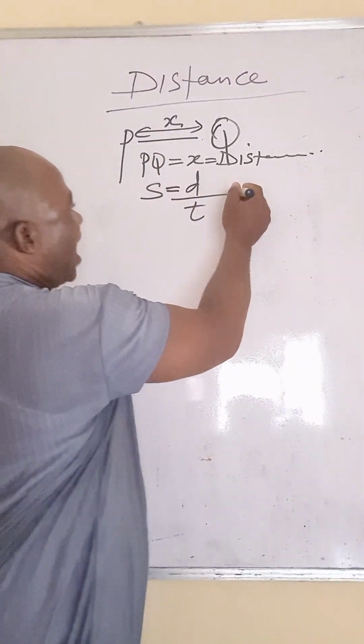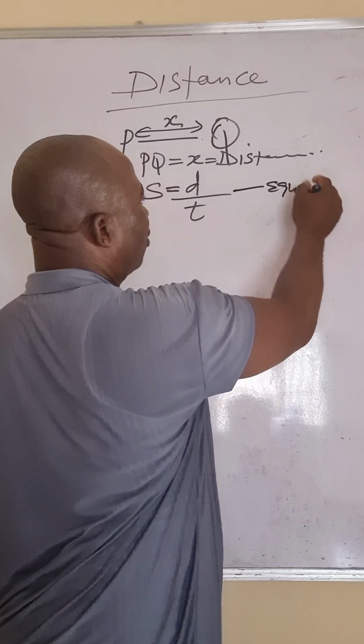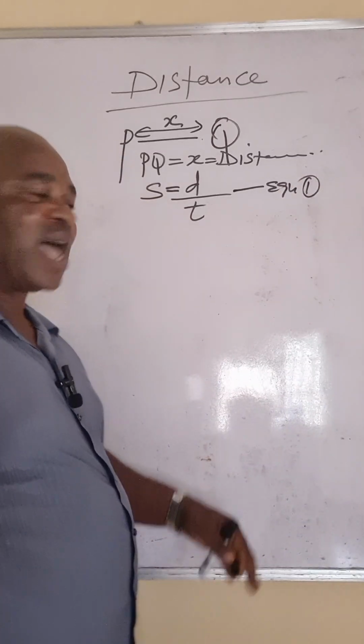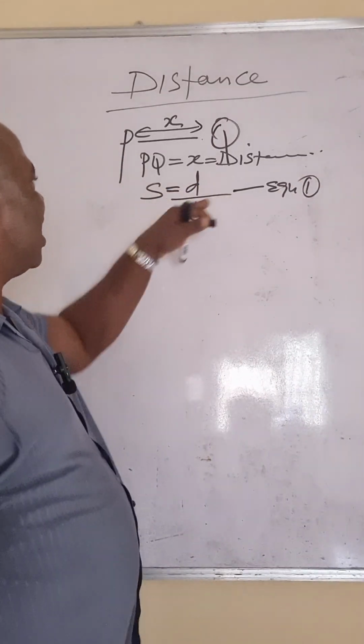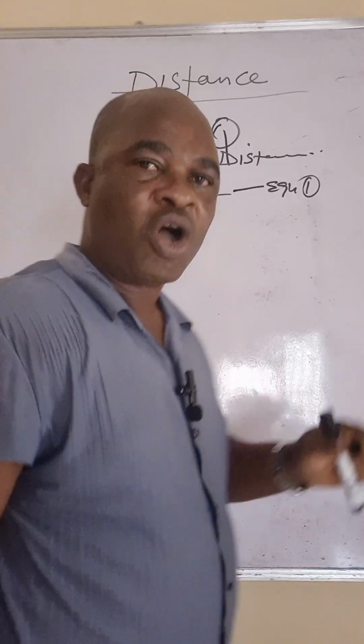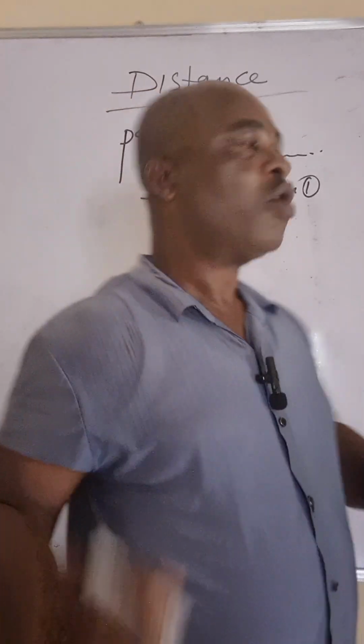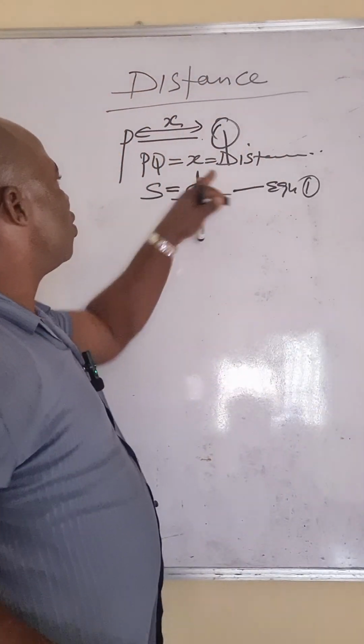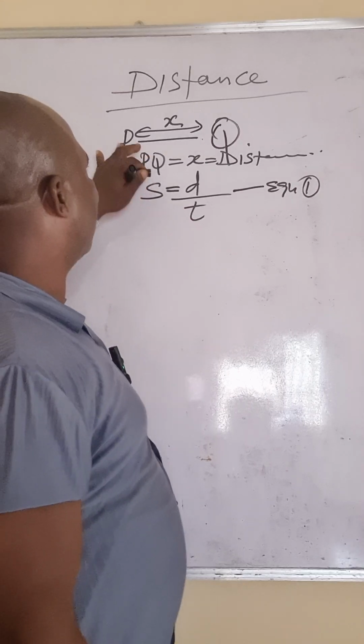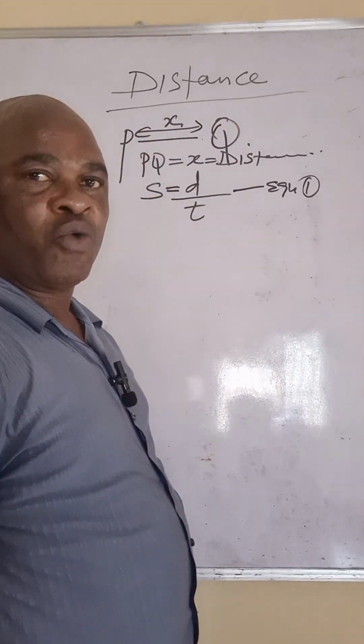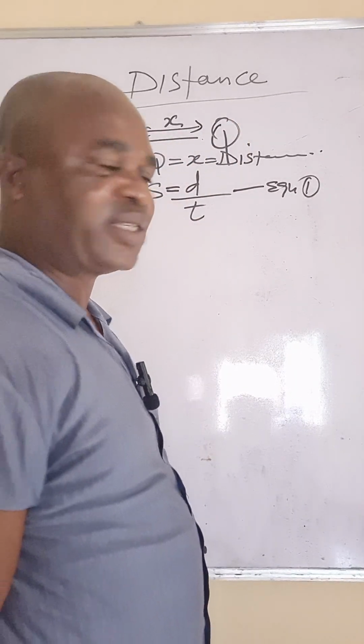If we call this our equation 1, what it means is that if we apply change of subject of the formula, we can obtain the value of the distance covered from P to Q, which has the value X.